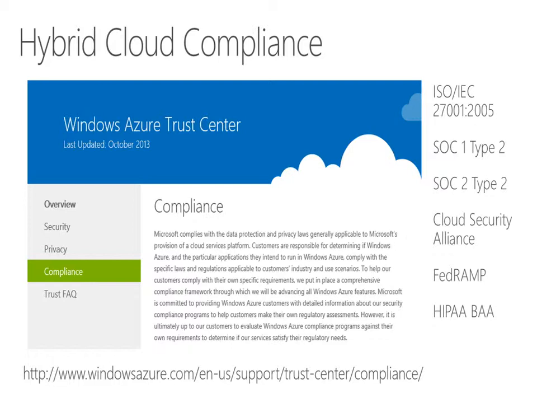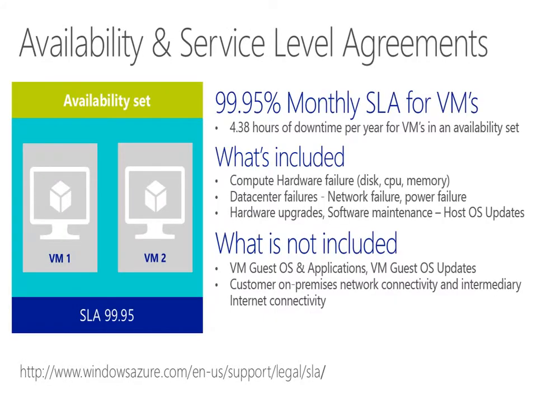And then from compliance, the other concern that comes up is availability and service level agreements when we're dealing with hybrid and public clouds. Service level agreements are something that is part of your planning process. Regardless of which public cloud platforms you're looking at, you'll definitely want to dive into the details, spend some time understanding the unique ways that each public cloud provider measures service levels and sets their availability guarantees.